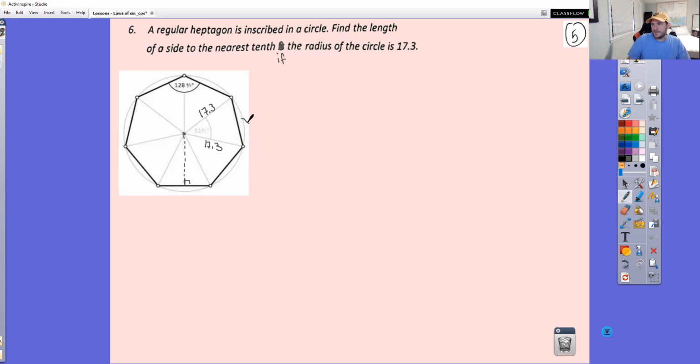Anyway, we're again solving for the length of the side, so call it x. Man, this is repetitive, but here we go. X squared equals 17.3 squared plus 17.3 squared minus 2 times 17.3 times 17.3 times the cosine of 51 3/7 degrees. Sure, I'll use your fraction.